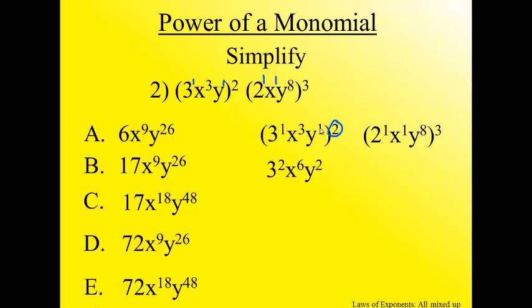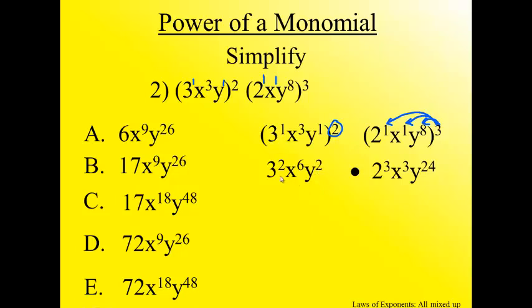Then y raised to 1 raised to 2 is y squared. Same thing with this. Multiply 1 by 3, multiply 1 by 3, multiply 8 by 3. So you will have 2 raised to 3, x raised to 3, and then y raised to 24.